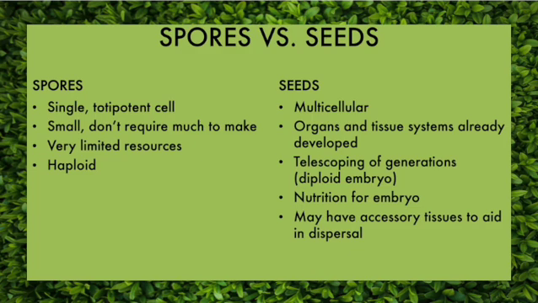The endosperm I just mentioned is actually a food source for the embryo, which is useful for the new plant before it is able to photosynthesize efficiently on its own. And lastly, while we saw elaters as an accessory component in some spores, seeds frequently have some type of accessory tissue that helps disperse the seed away from the parent plant.